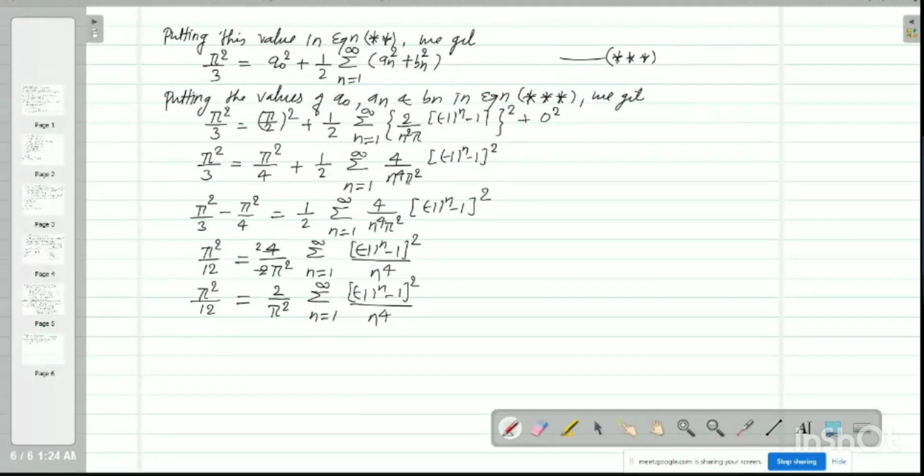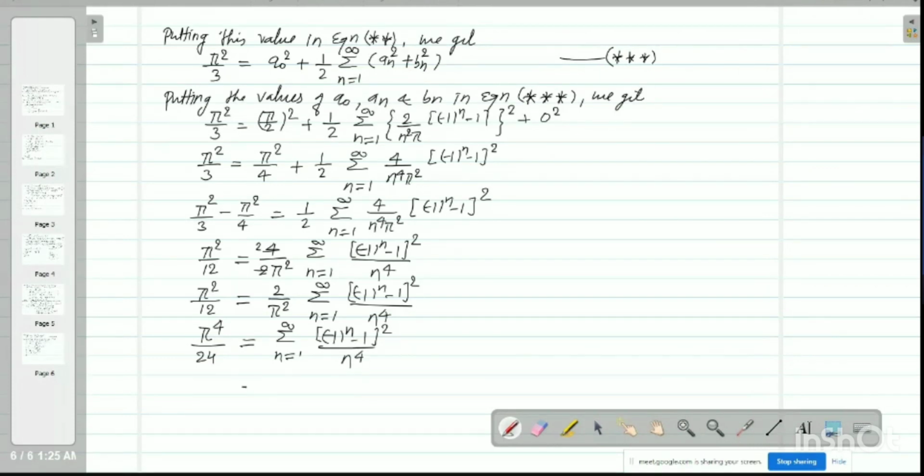So this becomes pi raised to 4 over... something is a mistake. Here it will come below, so how much will it be? 24. OK, 24. There is still more left in this. So this equals summation running from n equal to 1 to infinity of minus 1 raised to n minus 1, to the power 2, divided by n raised to 4.